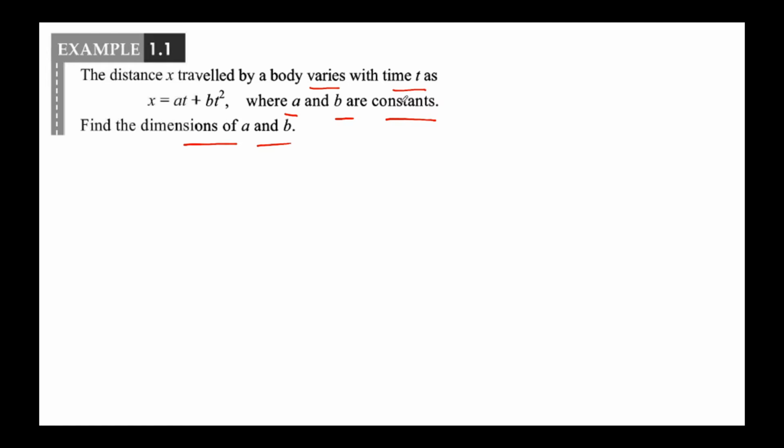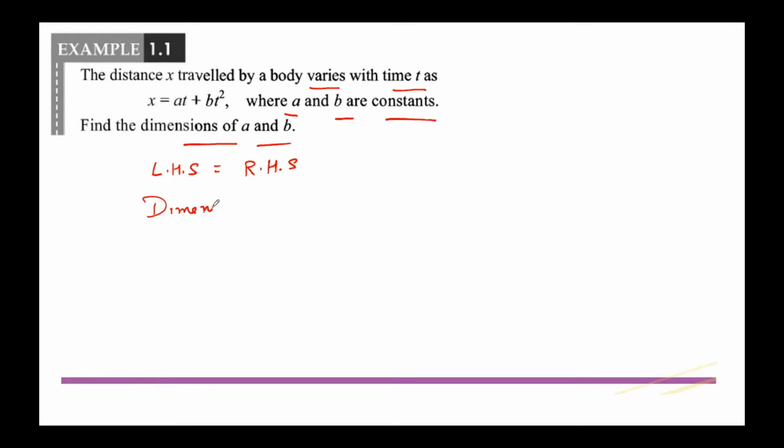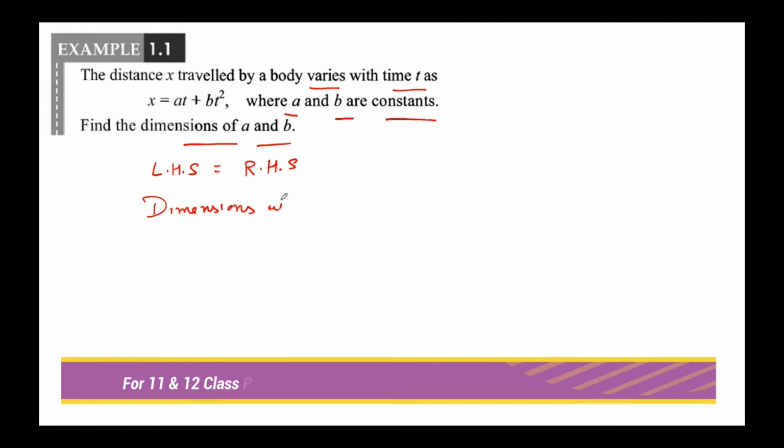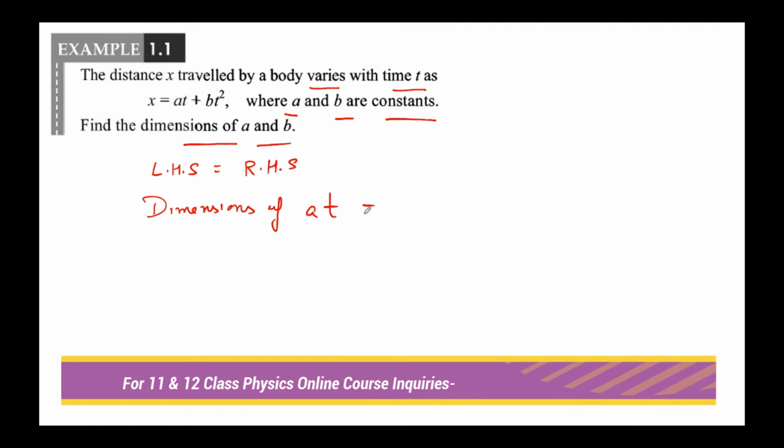Now we know that the dimensions of each term on the right hand side of the given equation must be equal to the left hand side of this equation. So the left hand side dimension should be equal to the right hand side dimension. So when I equate these, you can say that the dimensions of at should be equal to the dimensions of x.